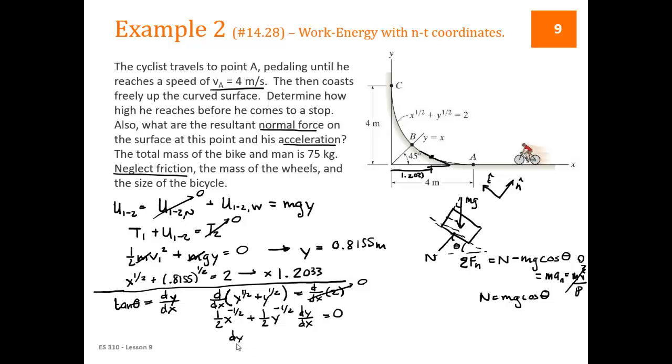So dy/dx is equal to, we move this over to the other side, there's a half on both of them, and the halves are going to cancel, right? So we're going to get negative x to the negative 1/2 divided by y to the negative 1/2. And we have values for x and y. So here's the y, here's the x.